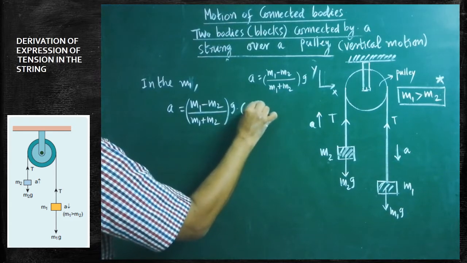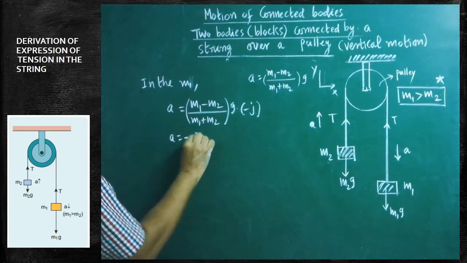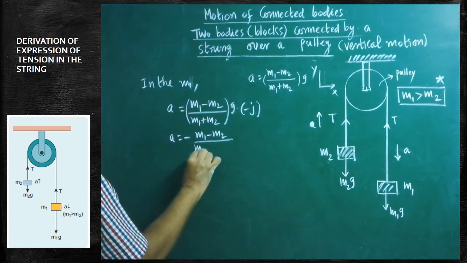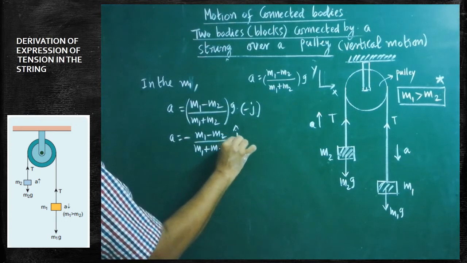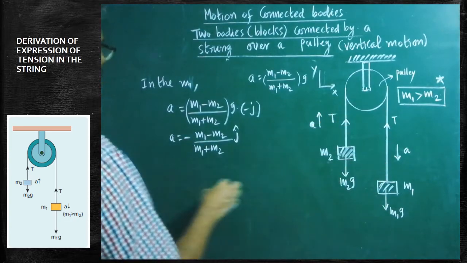Therefore minus j must be written. So we write a = −[(m1 − m2)/(m1 + m2)] g j cap. It shows that it is acting downward, that is along the negative y direction.